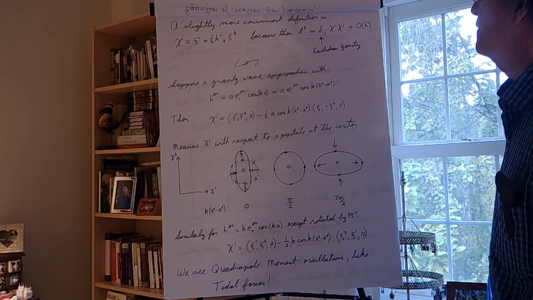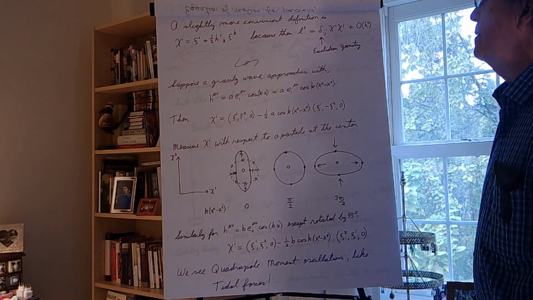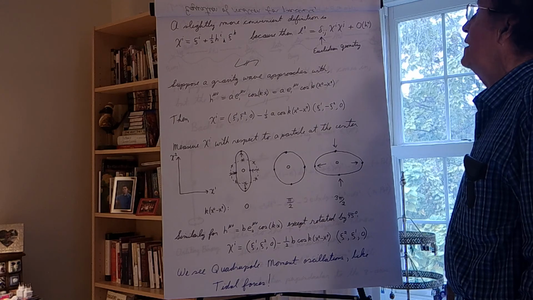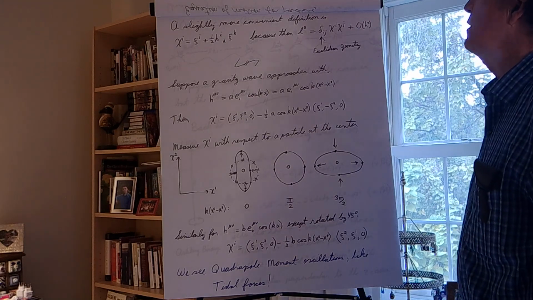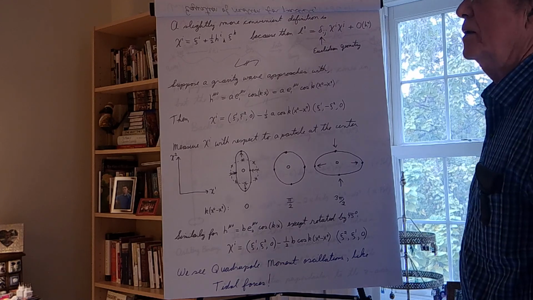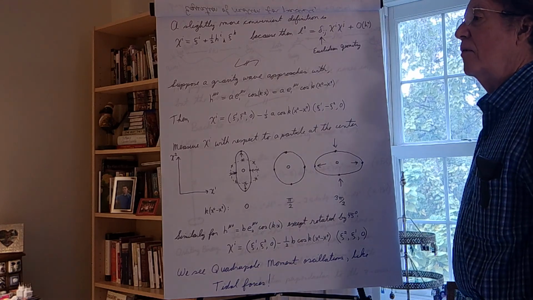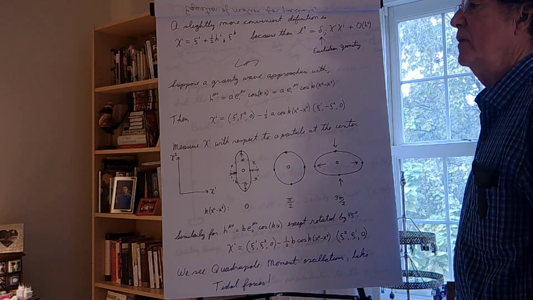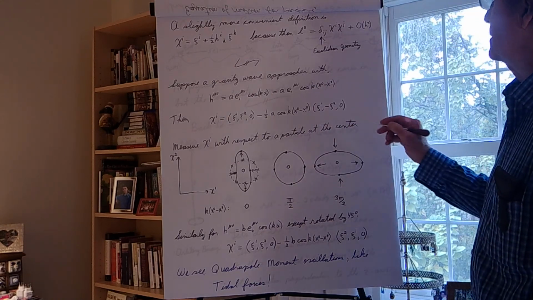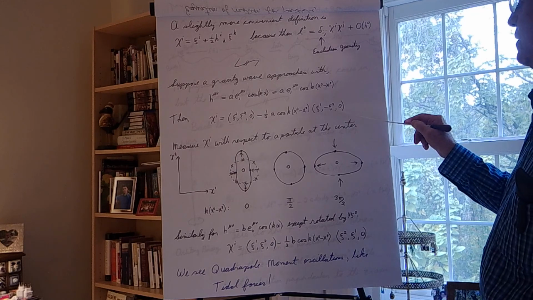I have a minus sign because h is traceless, so h11 is minus h22. Remember, when I wrote down the polarization, I had an entry along the diagonal of A and minus A, and that's this minus sign over here.